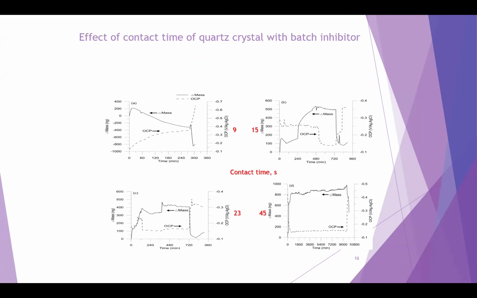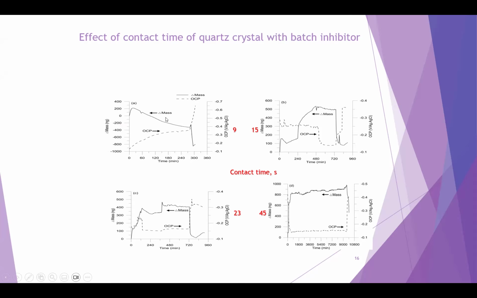This work was published long ago. I'll quickly summarize one data set. In one experiment, the iron deposited on the quartz crystal was exposed to a batch inhibitor for 9 seconds, 15 seconds, 23 seconds, and 45 seconds. When exposed for 9 seconds, you can see the mass increases, and at around 300 minutes the inhibitor film completely dissolved, and you can also see the potential varied.